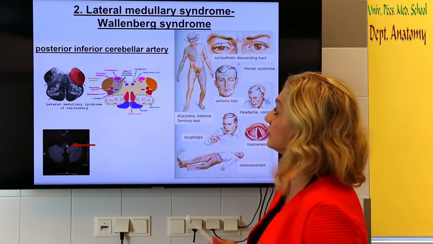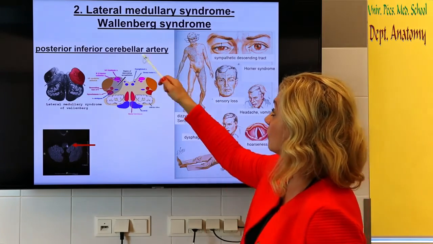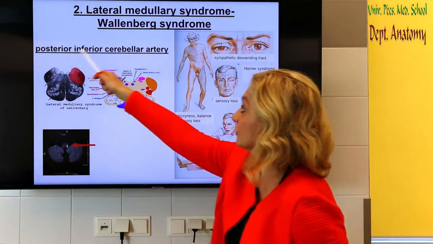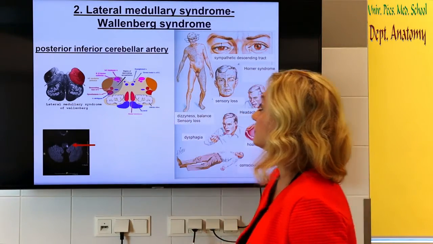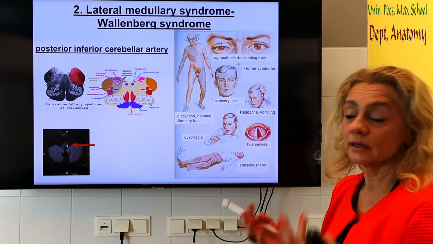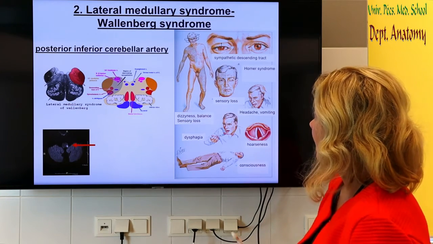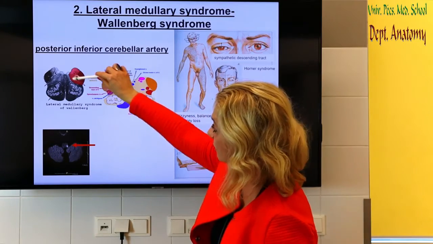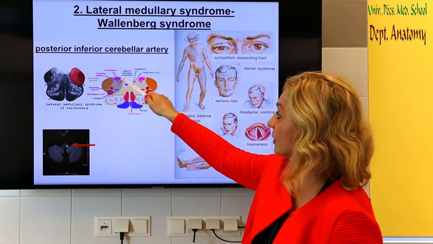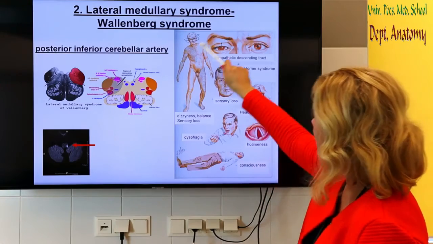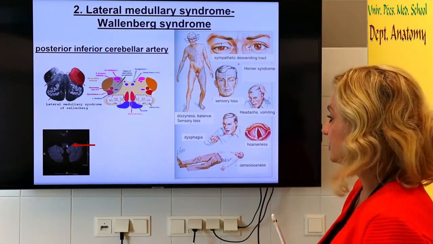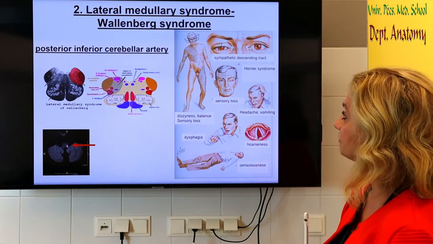Or the lateral medullary syndrome or Wallenberg syndrome, when the lateral part of the medulla is lesioned because of a posterior inferior cerebral artery thrombosis. In this part of the medulla we have many pathways and nuclei, and this explains why we have this combination of these symptoms.